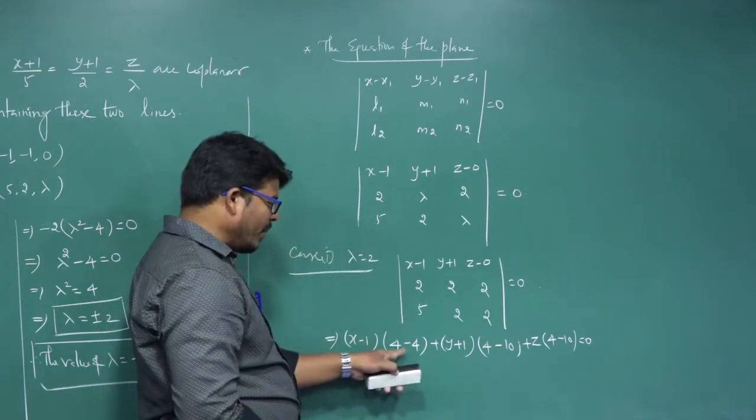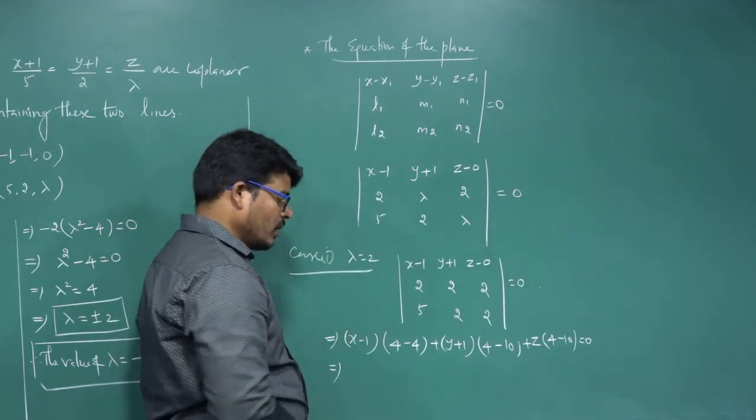This implies 4 minus 4 is 0, and 0 multiplied by anything is 0.